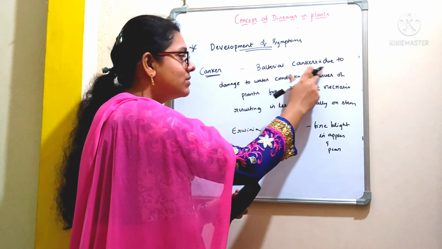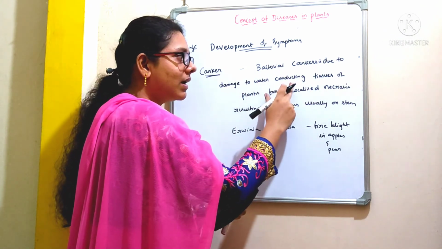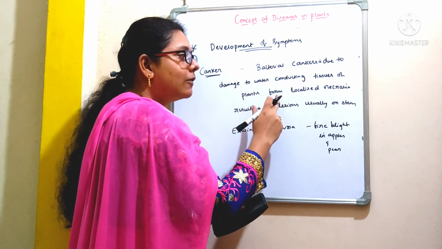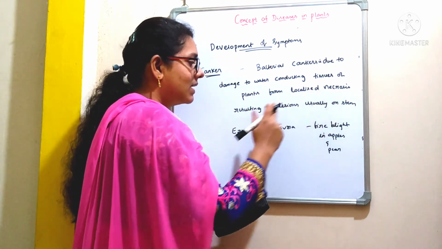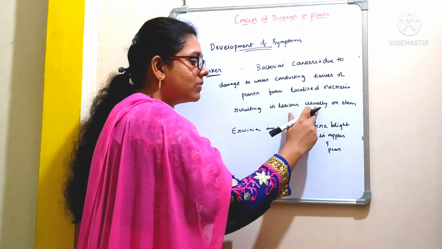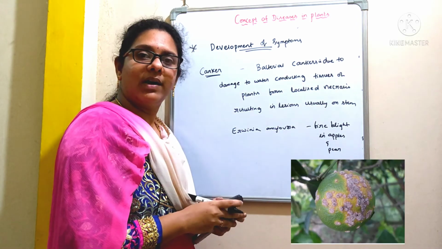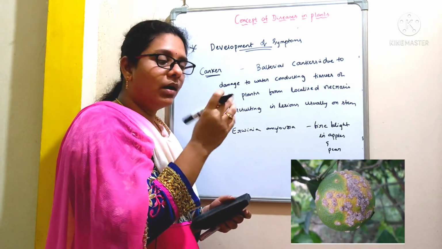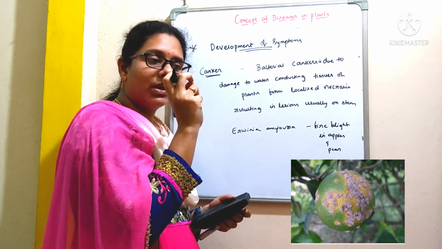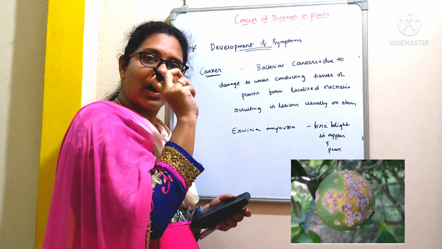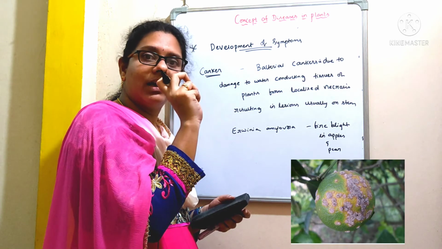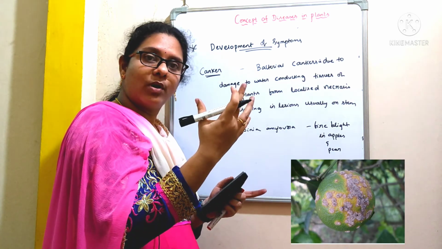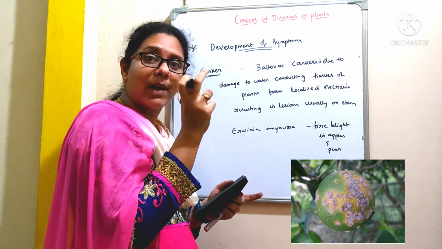Bacterial cankers are due to damage to water conducting tissues of plants, forming localized necrosis, resulting in lesions usually on the stem. You might have heard about citrus canker. If you observe a citrus plant or a lemon, there will be small brown colored spots with a corky appearance, and if the disease is prolonged, they even exhibit a scabby appearance.